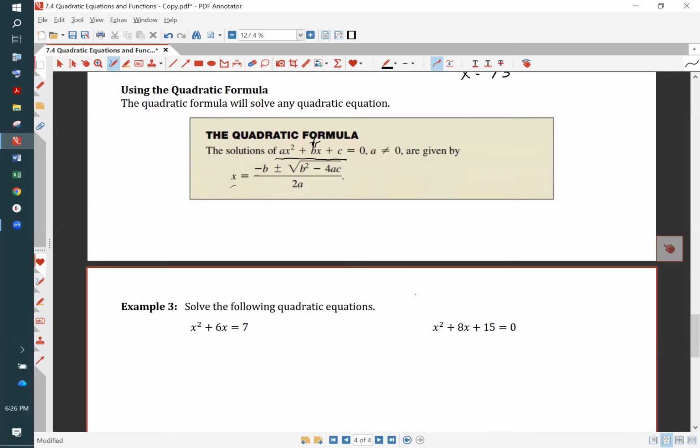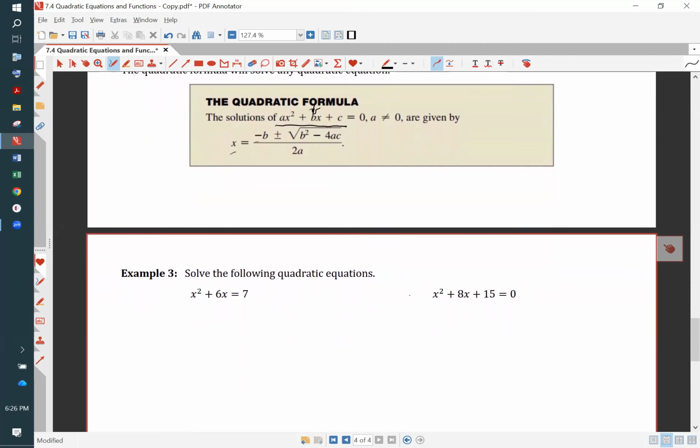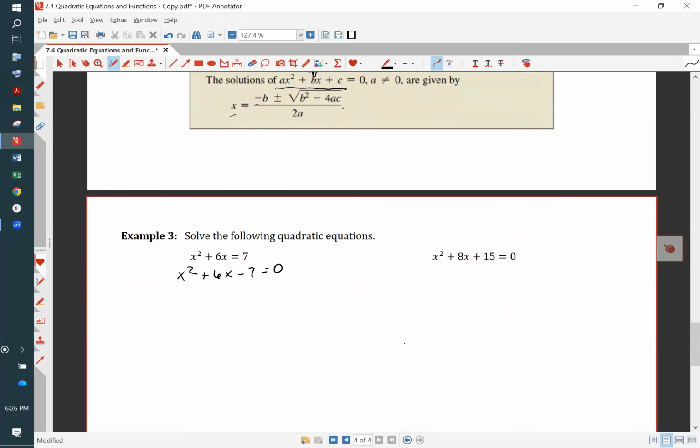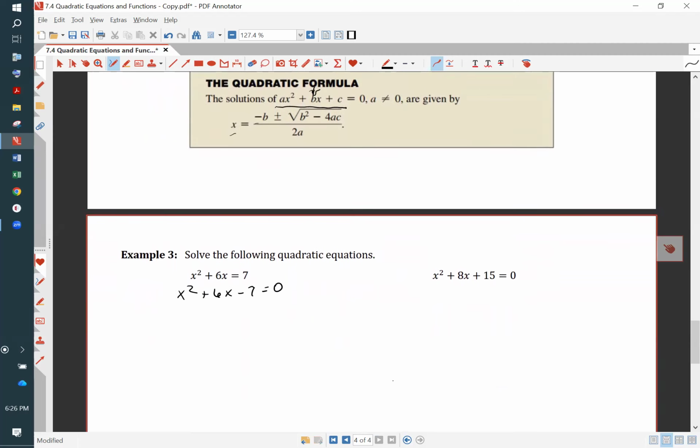Have y'all ever seen that before? Well, let me show you how that works then. I'm going to get a 0 on one side, so I'm going to subtract 7 here. Keep that formula in view.